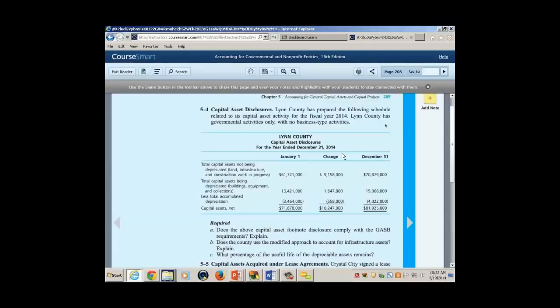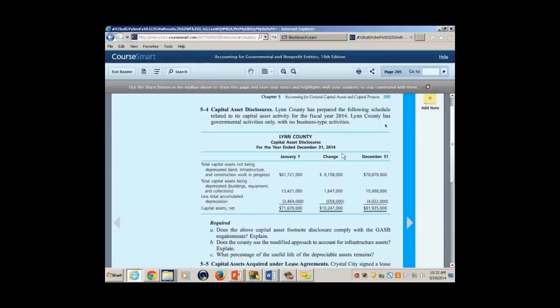Because it said capital assets not being depreciated, infrastructure is shown as part of that. Is everybody with me? Okay. I see it. Maybe it's early in the morning, but I need some more energy from you guys. Okay? Yes, it is.